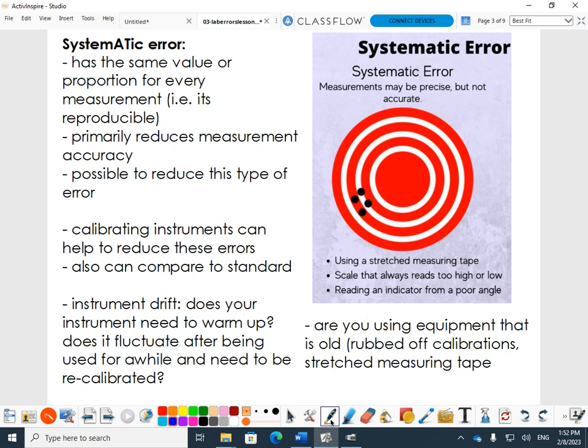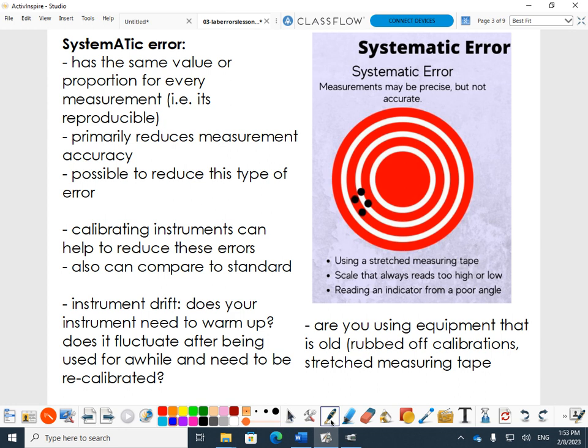Check the equipment. Are you using equipment that is old? Are the calibrations rubbed off? In grade 9 and 10, we often have graduated cylinders where it's almost impossible to read the calibrations, those beige ones that are all plastic. If you noticed, we don't have any of those because the calibrations are impossible to see.